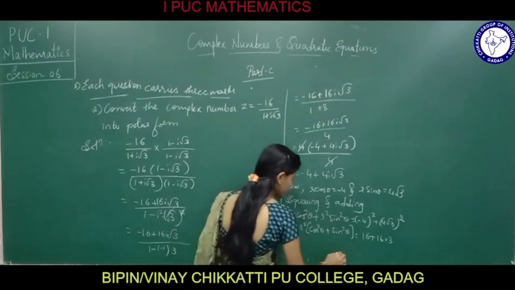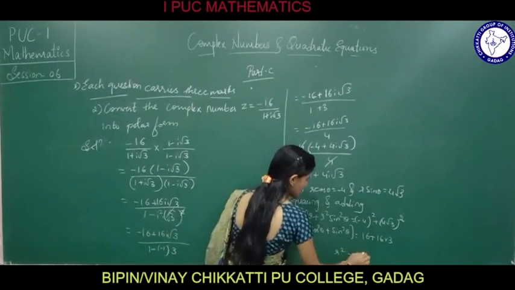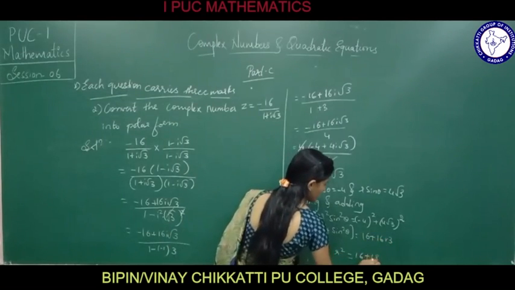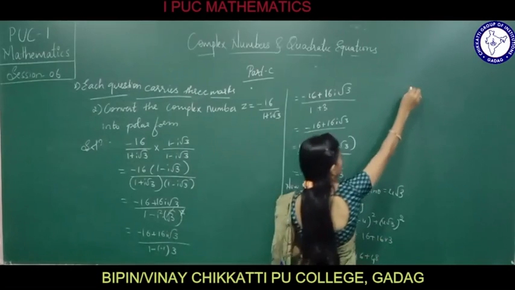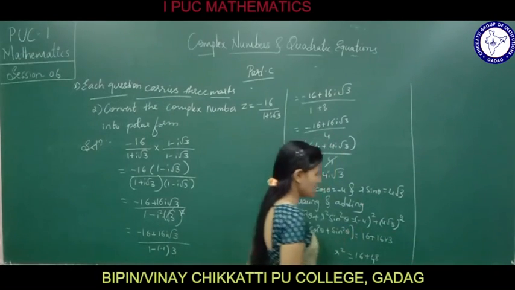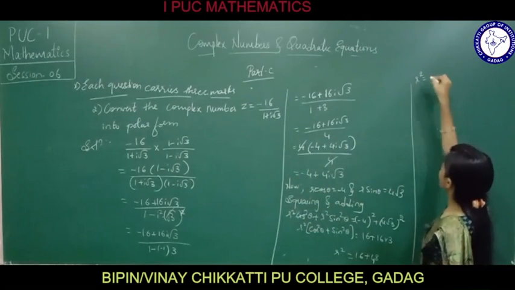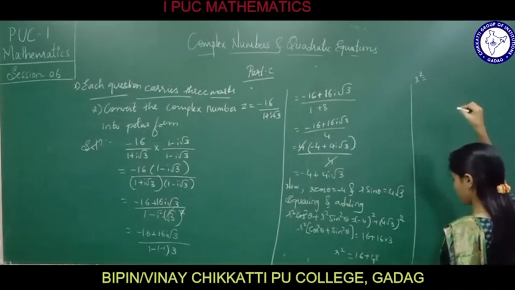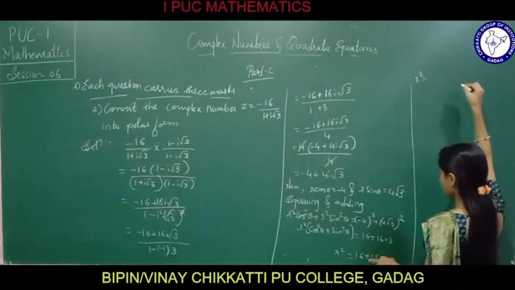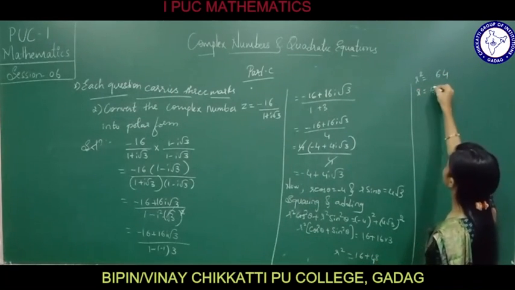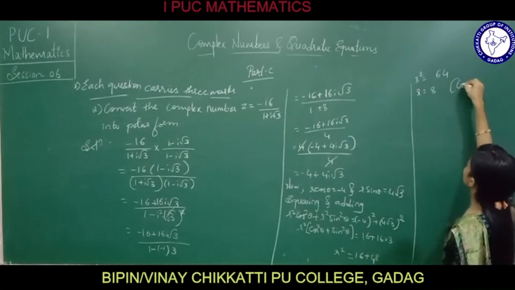That is why R square, next 16 plus 16 threes are 48. Then what I am going to get? R square will be equal to 64. R will be equal to 8. Why?